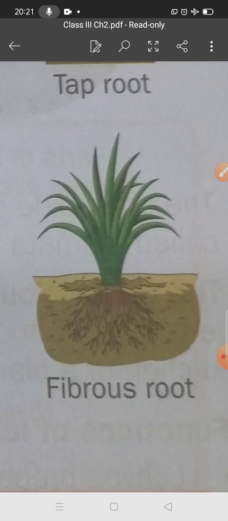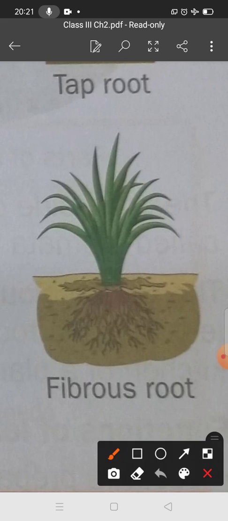In fibrous root, students, a number of thin roots grow from the end of the stem. You can see this. This is the fibrous root, like this. I will show here.